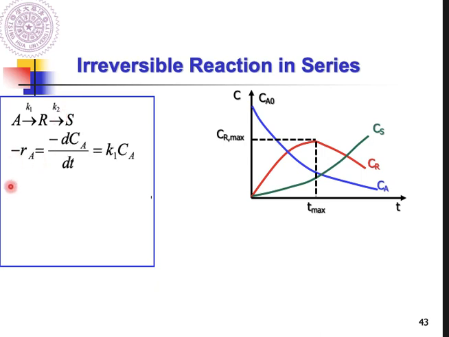Now, how do we get K1 and K2? First of all, I want to write down the consumption rate of reactant A, the generation rate of the intermediate R, and the generation rate of product S. The consumption rate of reactant A equals K1CA, as we assume it belongs to a first order reaction.